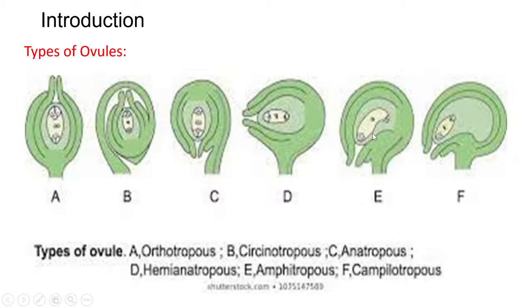Fifth one, amphitropous. In this case, it is curved. The ovule is horizontally in position and it lies at right angle to the stalk funiculus.